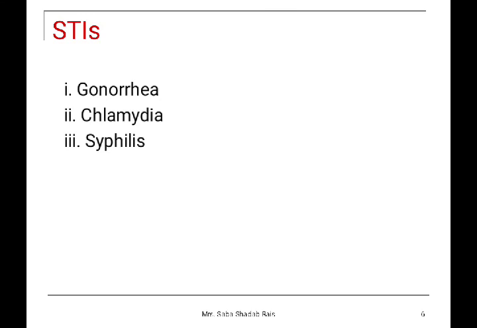Now, I told you there are various stages. First, the bacteria enter the body through a skin lesion or somewhere. In the primary stage, the bacteria remain at the site of infection for a few weeks. Then in the second stage, it invades the lymphatic nodes.